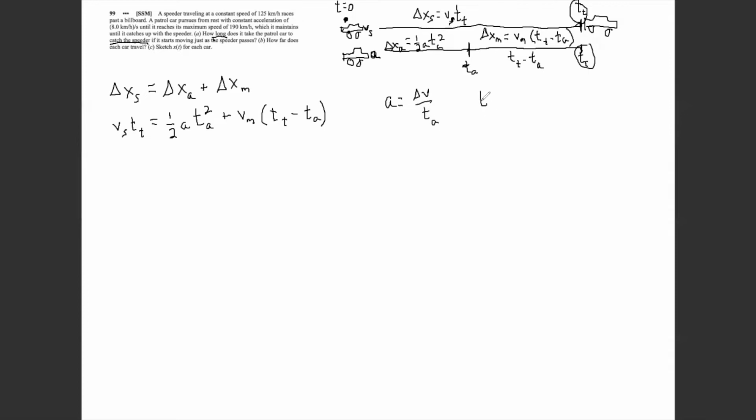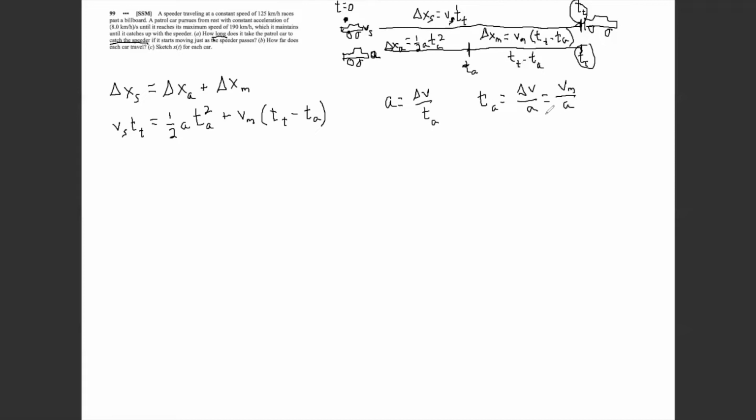So TA equals delta V over A, and delta V is V final minus V initial. V final is that V max, and V initial was 0. It started from rest, so it's just Vm over A.